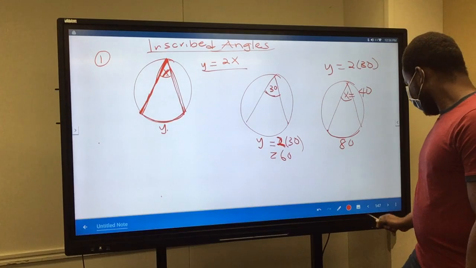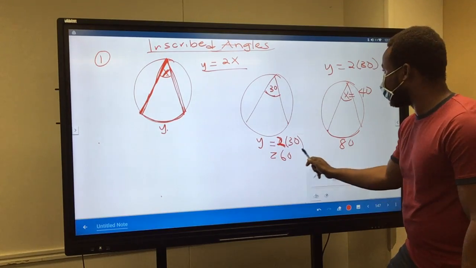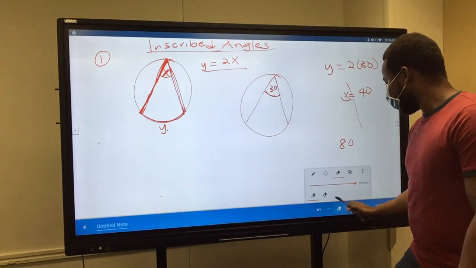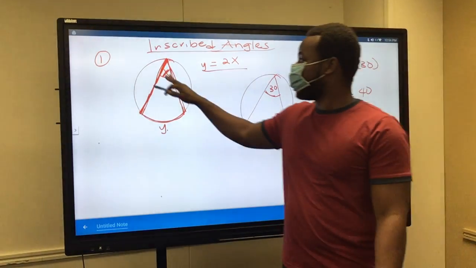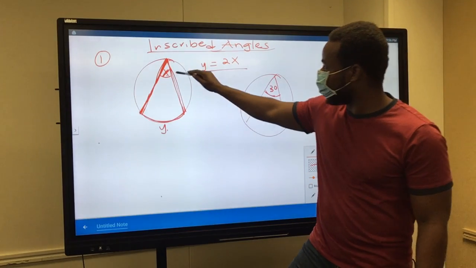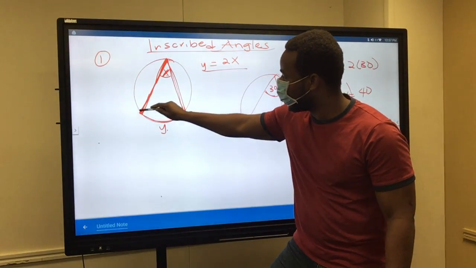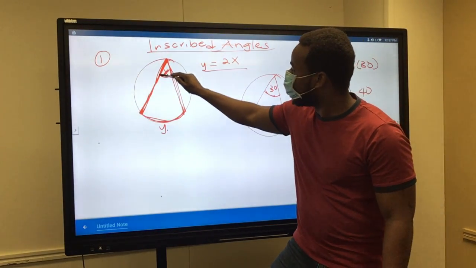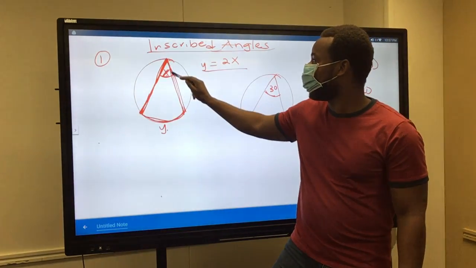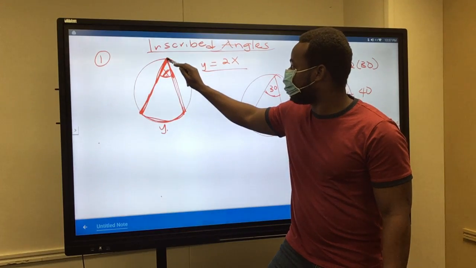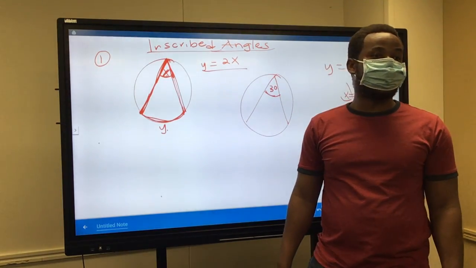Now, this is a theorem I want to talk about today. Basically, if you have an inscribed angle, you see that this looks like an angle inside the circle, right? The angle formed with its vertex on the circumference is called an inscribed angle.